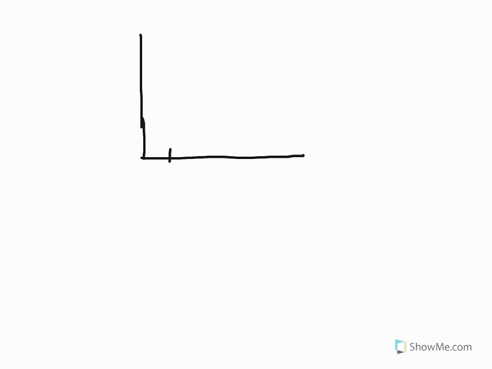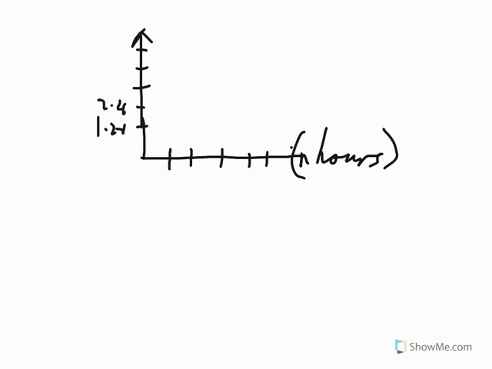So if we graph that, we've got 1, 2, 3, 4, 5 hours, that's our N. And up the top here we've got our $1.20, $2.40, $3.60, $4.80, $6.